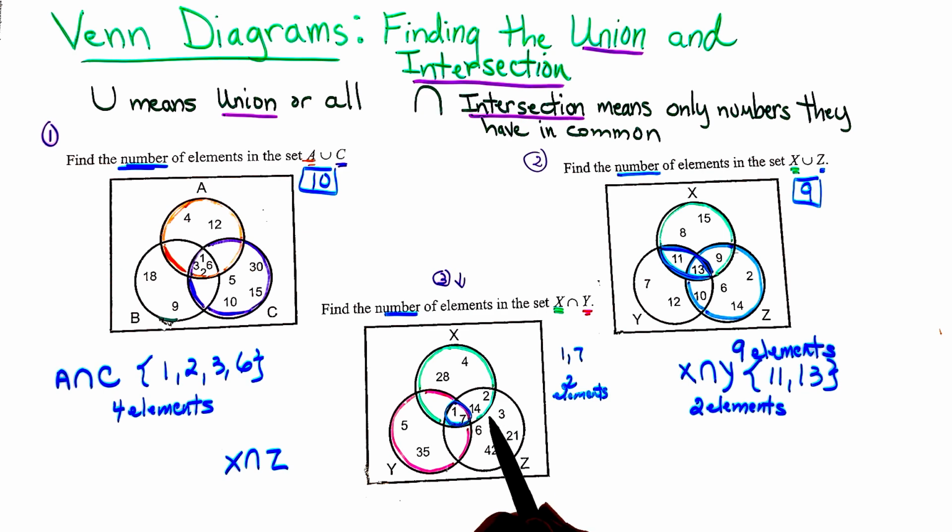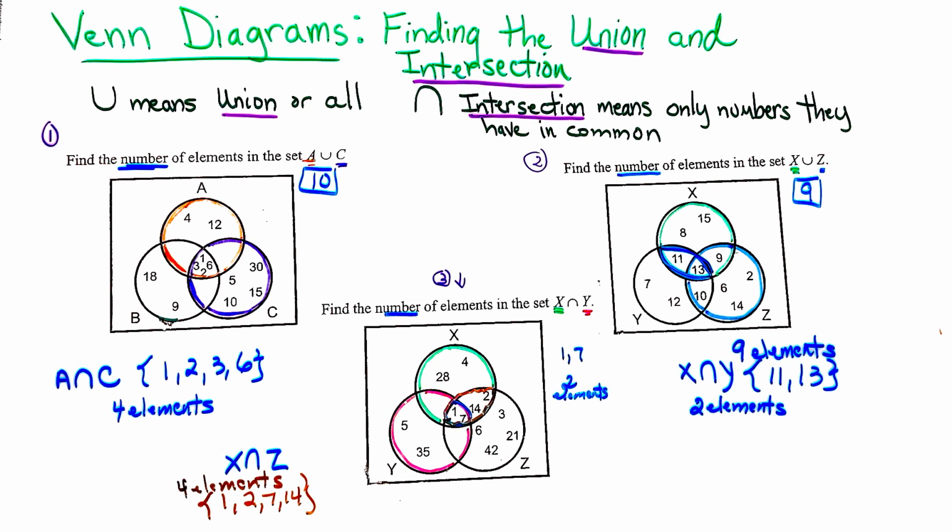So we want to know, where does the X and where does the Z overlap? Well, it's in this area right here. So when I list or count them, it has 4 elements. With those 4 elements, we know that they are the set of 1, 2, 7, and 14.